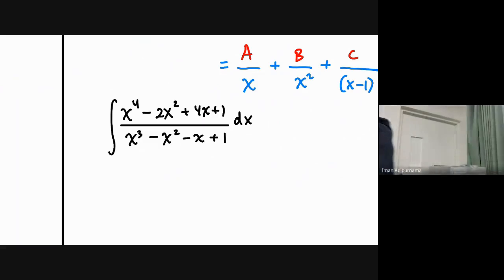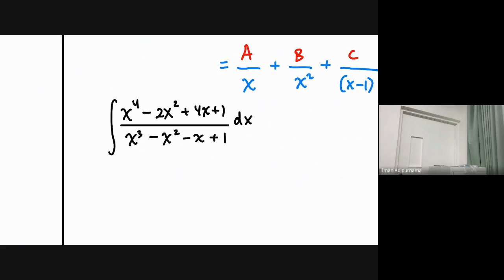So to solve this, I have powers 4 and 3. So the 4 is obviously greater than the cube, then you can divide first by long division. And then after that, for the denominator, you need to find the factors, whether you can factorize the bottom one or not.